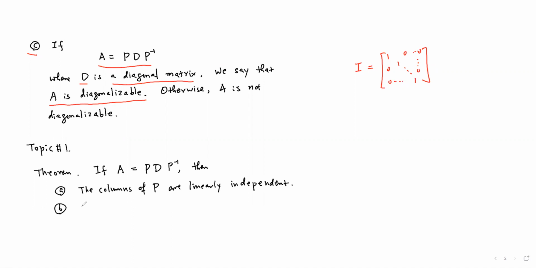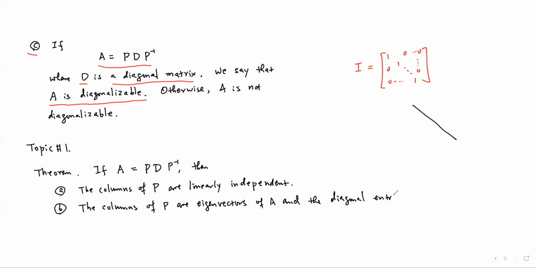Part B, the columns of P are eigenvectors of the matrix A, and D is a diagonal matrix, then the diagonal entries of D, the entries on the main diagonal line of D, are eigenvalues.